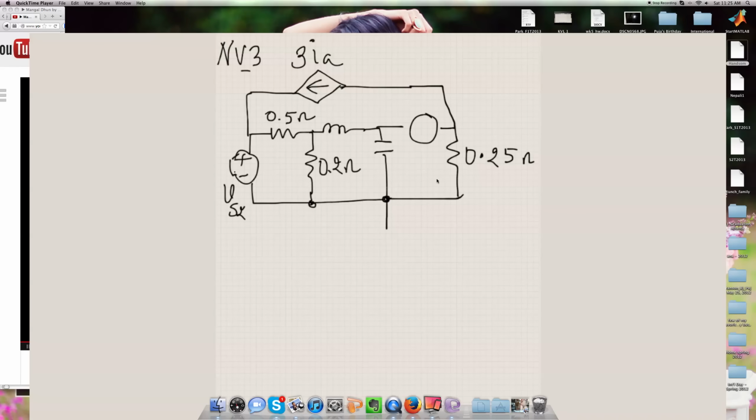This goes to join here. So this is the first voltage source, PS1. This happens to be 0.1 farad. Here is the ground, 0.5 Henry. And this is I sub A.